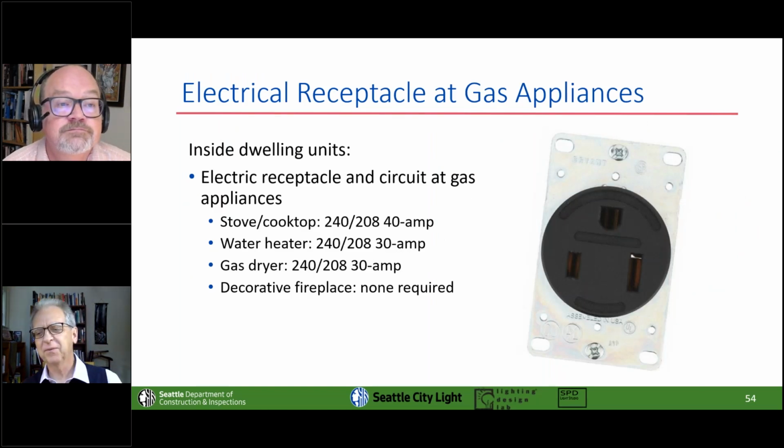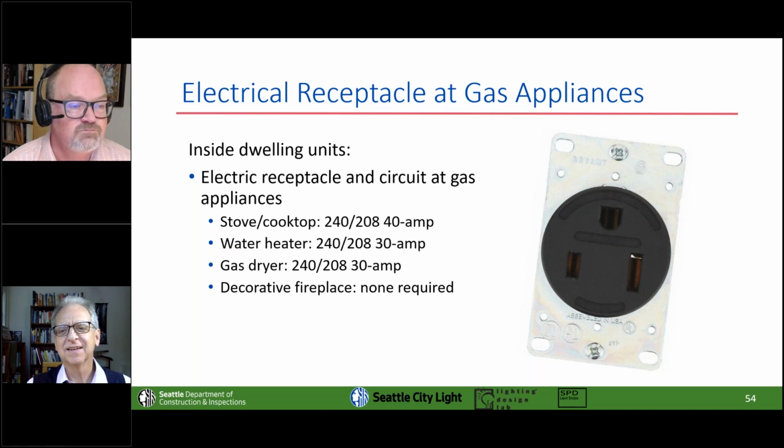So, away from lighting for a moment. This is something that's in the current code and continued on, and I believe is in the state code: dwelling units, and remember this is the commercial code we're talking about, so we're talking about multifamily.